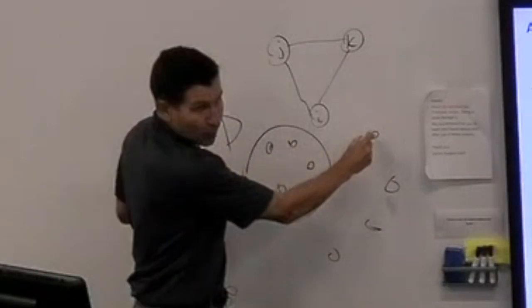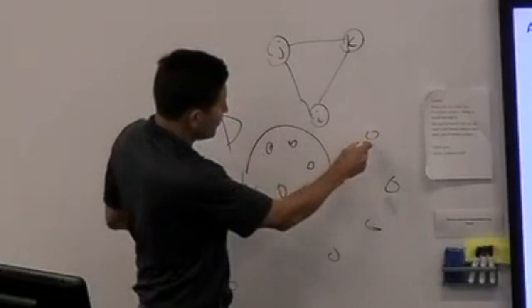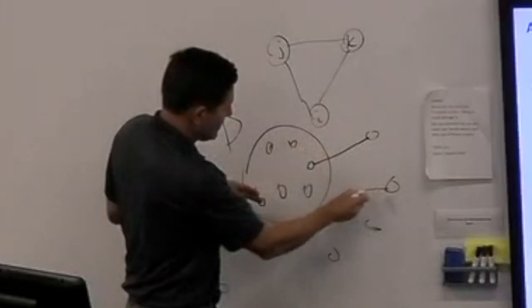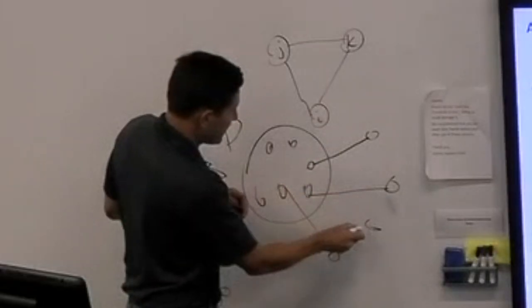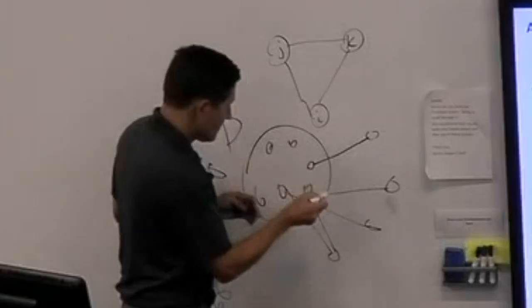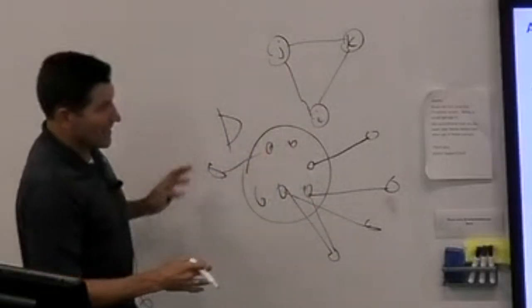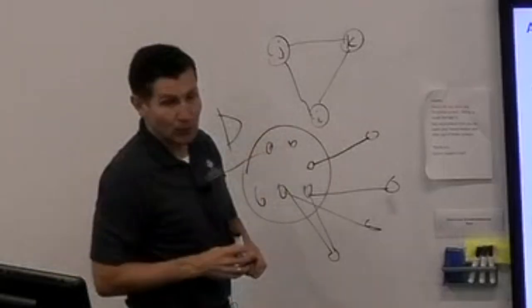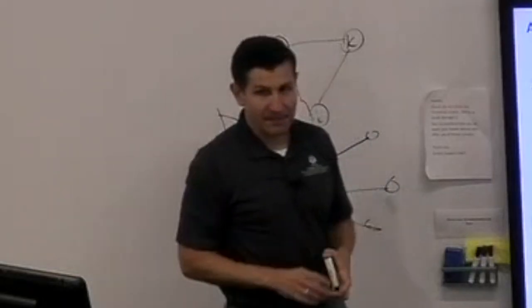If I look at the vertex from outside in the dominating set, I must have at least one neighbor inside. You could have more than one neighbor, but every vertex from outside must have at least one neighbor inside. So this is what we mean by a dominating set.